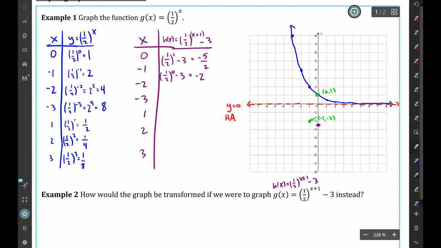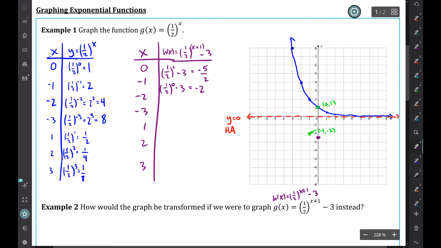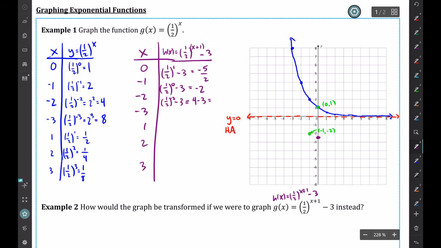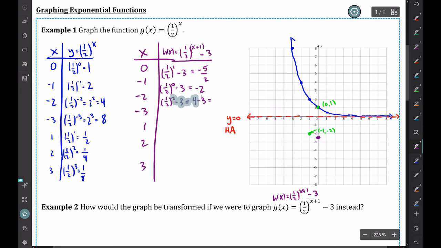Okay, let's complete this graph by filling in more points. If I'm plugging in negative 2, then that's negative 2 plus 1 minus 3. So it'd be 1/2 to the negative 1 minus 3, which is 2 minus 3, or negative 1.